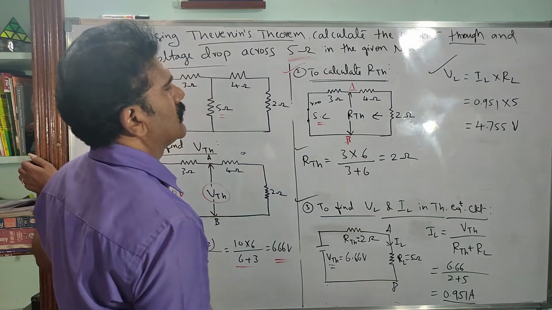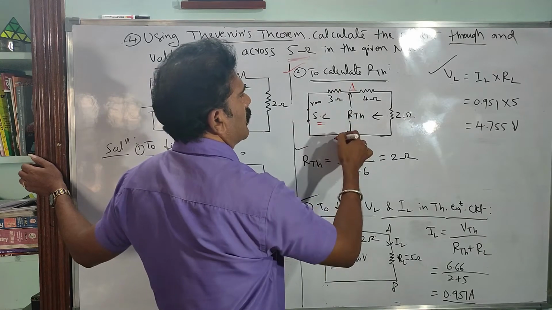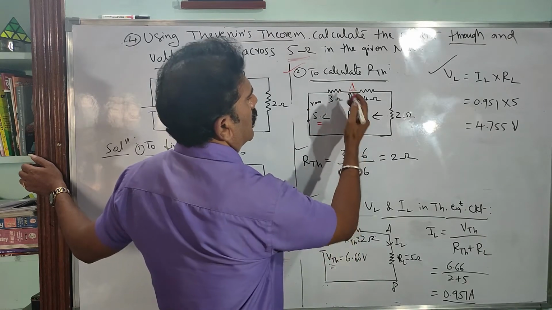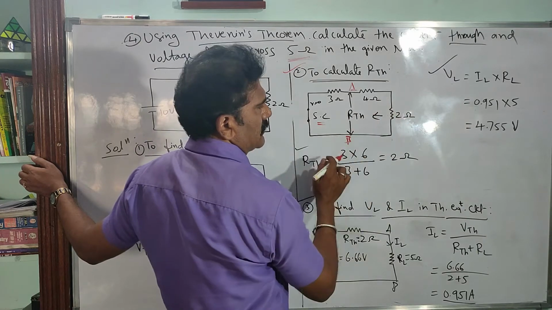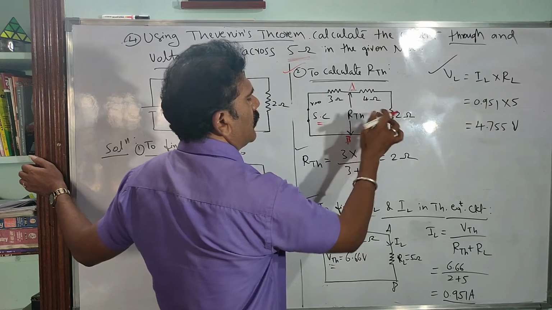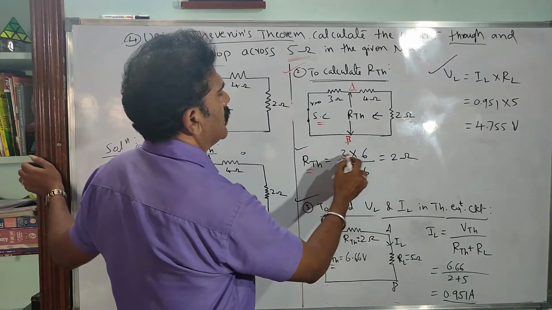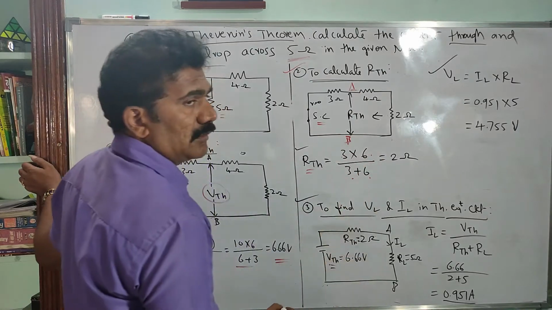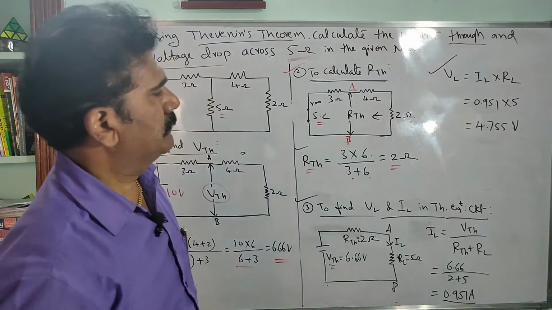Which are the two resistors? 3 ohms is one resistor on one side across A and B, and on the other side we have 4 plus 2 in series, isn't it? 4 plus 2 is 6. So the 3 ohm resistor and this 6 ohm resistor are in parallel to each other. Therefore RTH is equal to 3 into 6 divided by 3 plus 6, the equivalent value. So that is equal to 2 ohms you will get, correct?